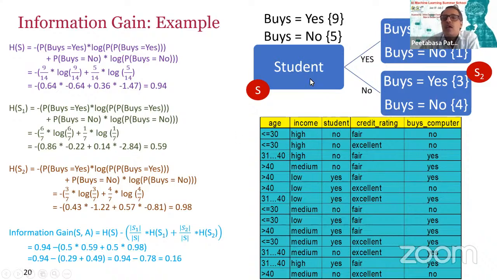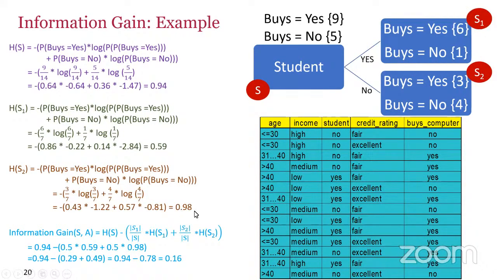For student equal to no, buying computer yes and no is almost equally split. Because of this near equality in the split, you have higher ambiguity, and thereby the entropy is also high, very close to 1.